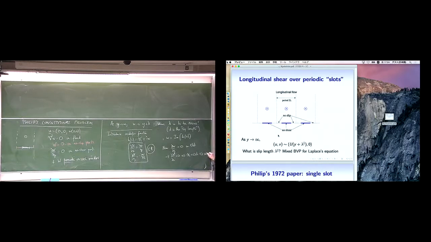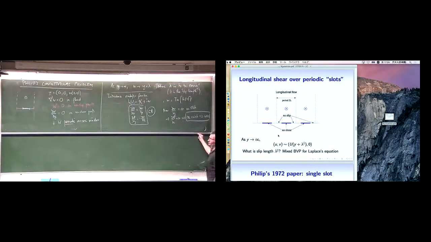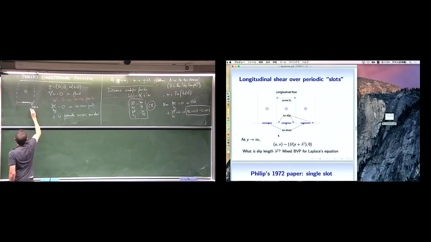And without loss of generality, I can set it to be 0. So look at what my problem is now. I want W is 0 on there and there. And then I want chi is 0 on there.